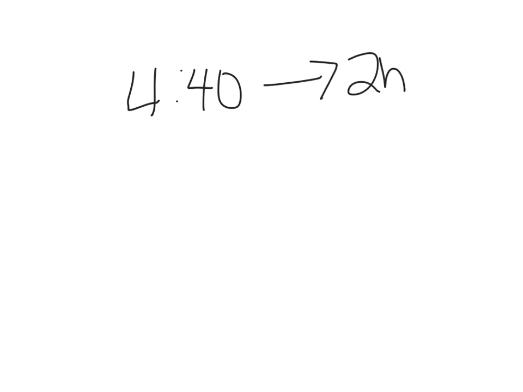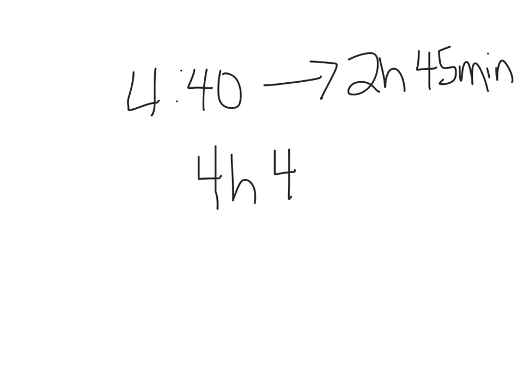Let's say that we had a start time and then we had how much time had passed. So an event started at 4:40 and it ran for 2 hours and 45 minutes. So this one I'm going to add. It starts at 4:40, 4 hours and 40 minutes, and I'm going to add 2 hours and 45 minutes to it.